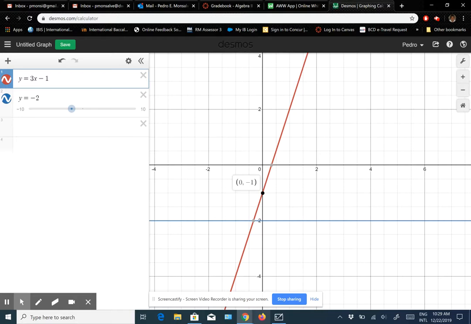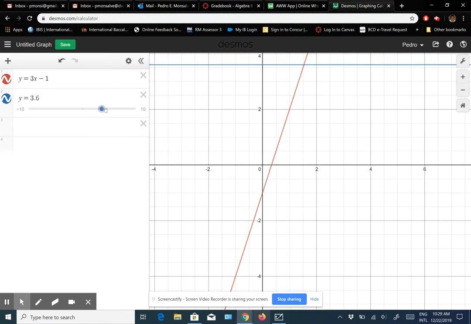To determine if a function has an inverse function, we have to apply what is called the horizontal line test. What we do is slide a horizontal line up and down our function. If that horizontal line touches our function in only one point, it means that we do have an inverse function for the function we're working with.